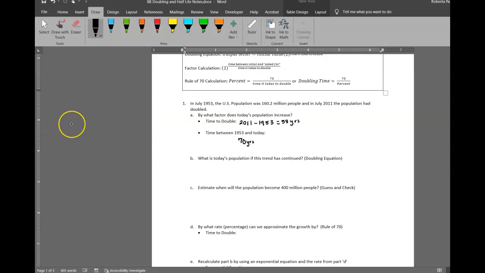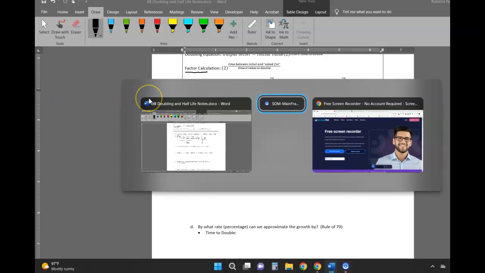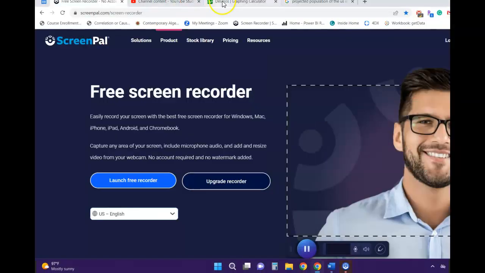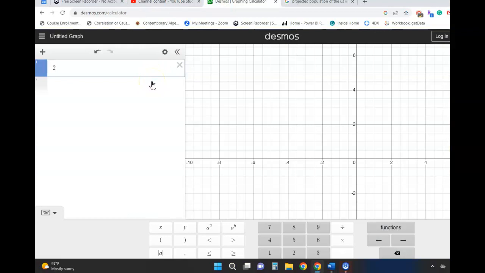All right, so in order to answer this question, we're going to take 2, looking at our factor calculation here. So 2, and then we're going to raise it to how long it's asked for, so 70 divided by 58. And again, if you're using Desmos, we're just going to type in 2, and then we're going to use our fraction button, a to the b, and then 70 divided by 58.